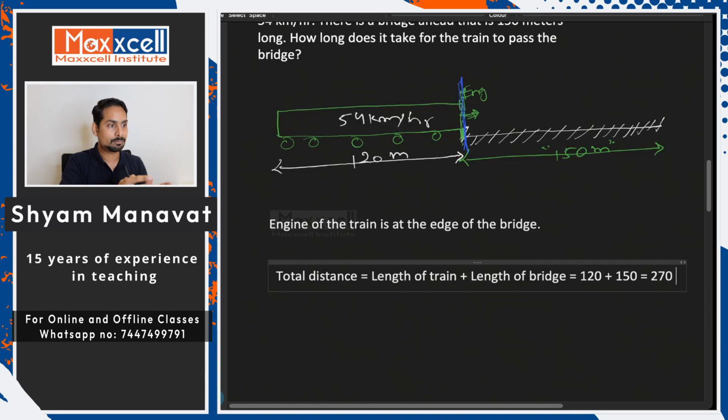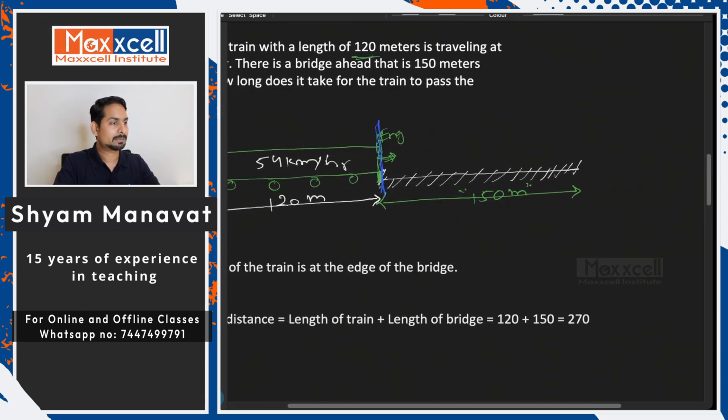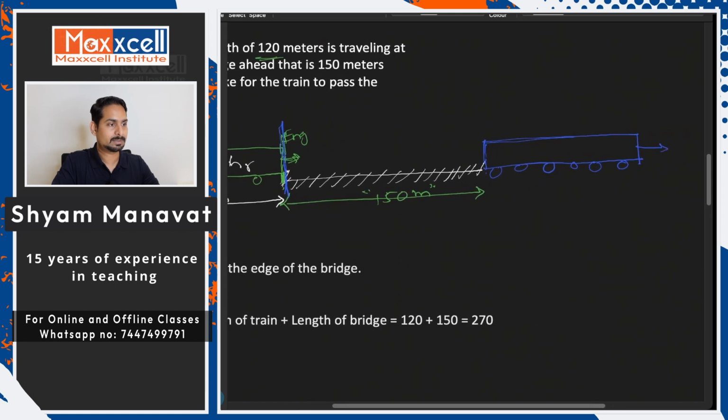In that case, you will find that the train will be able to pass this bridge entirely, in which case what will be the position of the train once it passes the bridge? It will be this. Yeah, isn't it? The train will be here now. The same train will be here now, moving in this direction. Engine and tail.